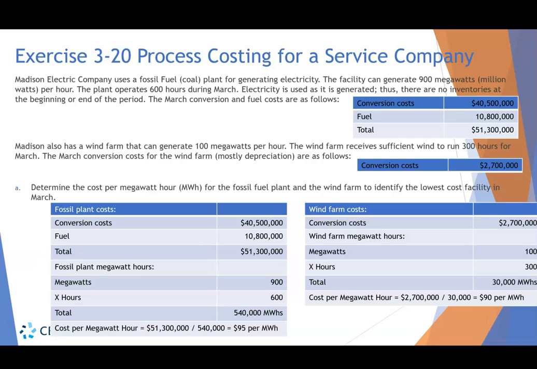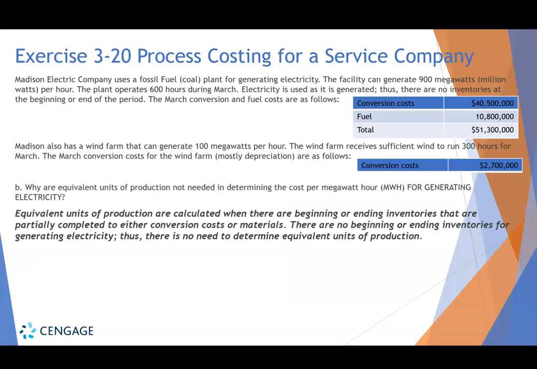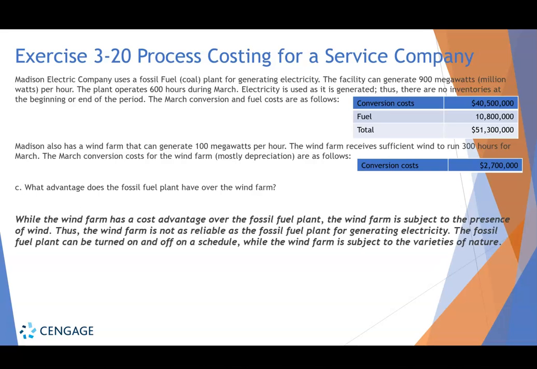With the wind farm, we've got our $2,700,000 in costs, and we've got the 100 megawatts times 300 hours gives us 30,000 megawatt hours, which is $90 per megawatt hour. So the wind farm is $5 cheaper per megawatt hour. Again, no need for equivalent units because there's no beginning or ending inventories that are partially completed.